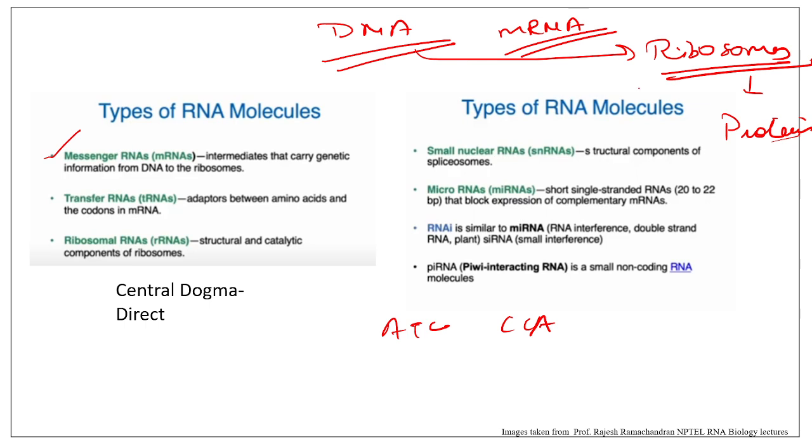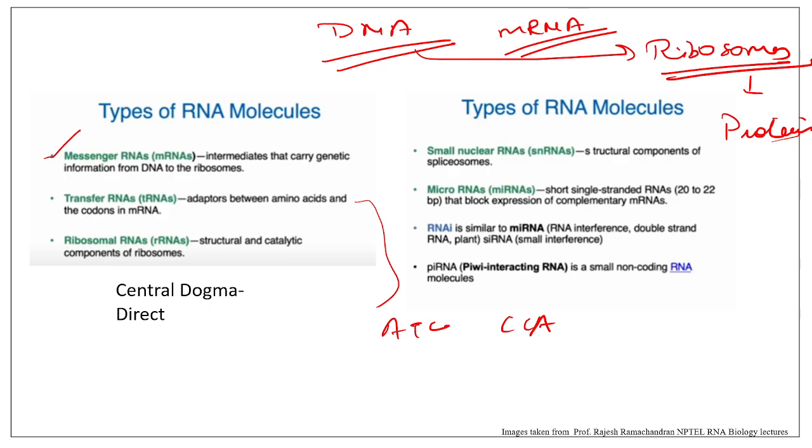So during the formation of protein, the ribosomal RNA present in the ribosomes helps. And then there are some other RNA molecules like snRNA, microRNA, and piRNA. These are all non-coding RNAs. Coding RNA only means RNA which codes for protein. All other RNA which does not code for protein are non-coding RNAs.